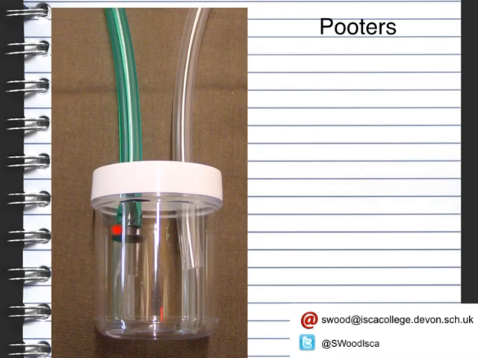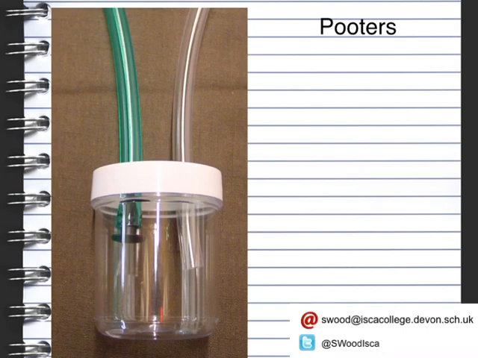The green tube here has a wire mesh at the end. So what you do is you suck the green tube, and that creates a vacuum in here, and you can suck up the organisms into the pot. The wire mesh is to prevent those insects from getting sucked up into your mouth.